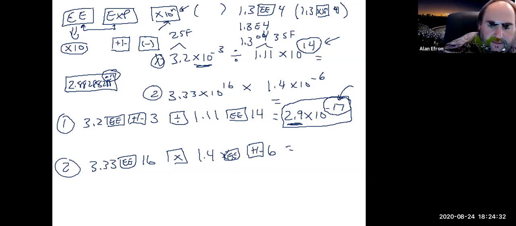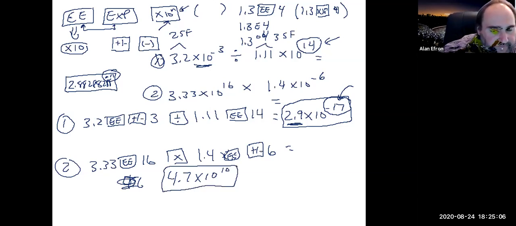And if you do that for the second one, 3.33 exponent button, 16 times 1.4 exponent button, negative button, and 6, for our second one gets us 4.7 times 10 to the 10.